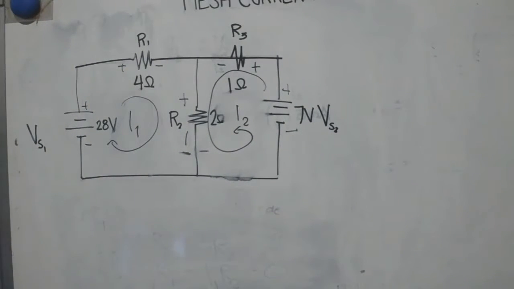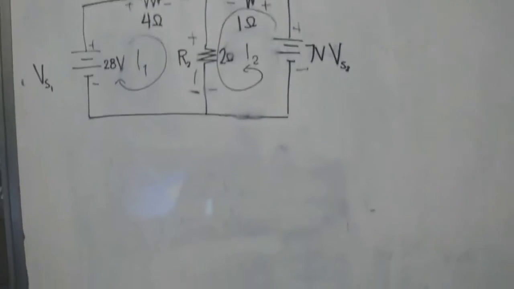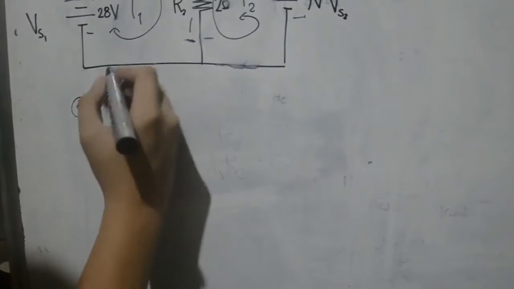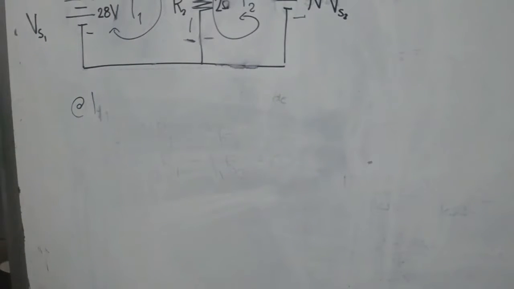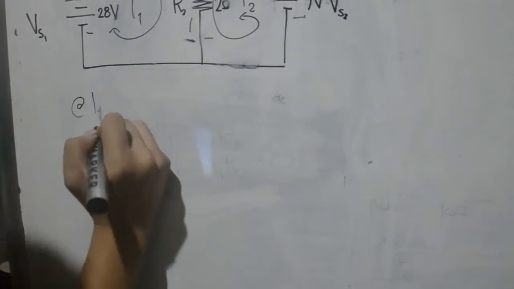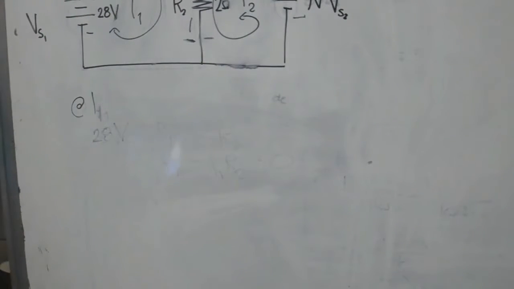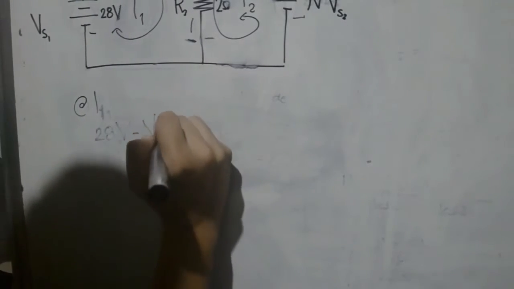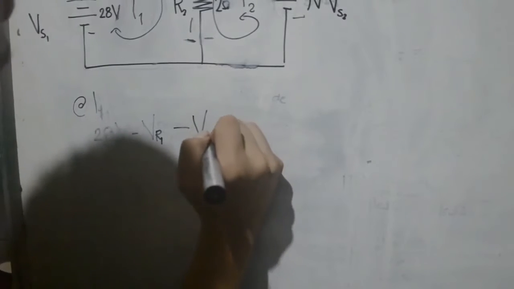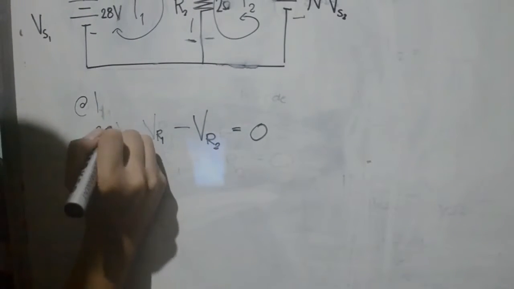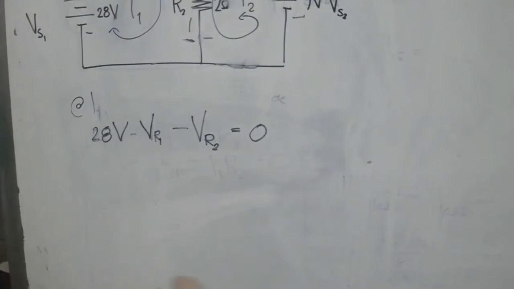The third step is to make equations in each loop. At current loop 1, the KVL of the first loop is 28 volts minus VR1 minus VR2 is equal to 0. Then, rewriting the equation in terms of current.